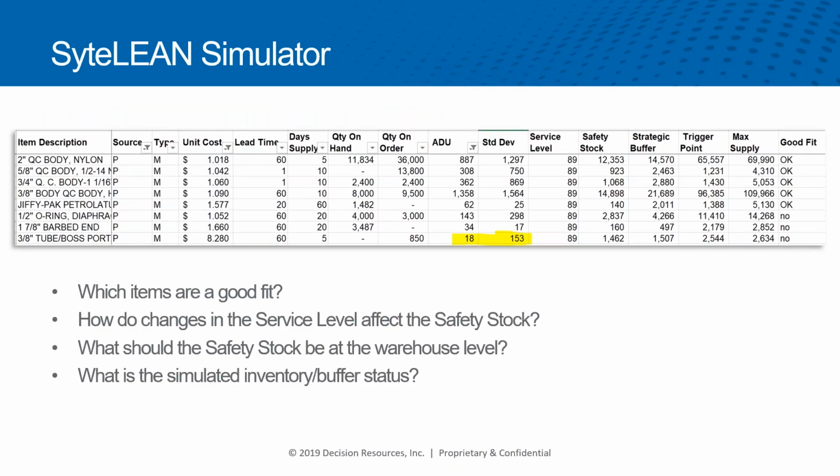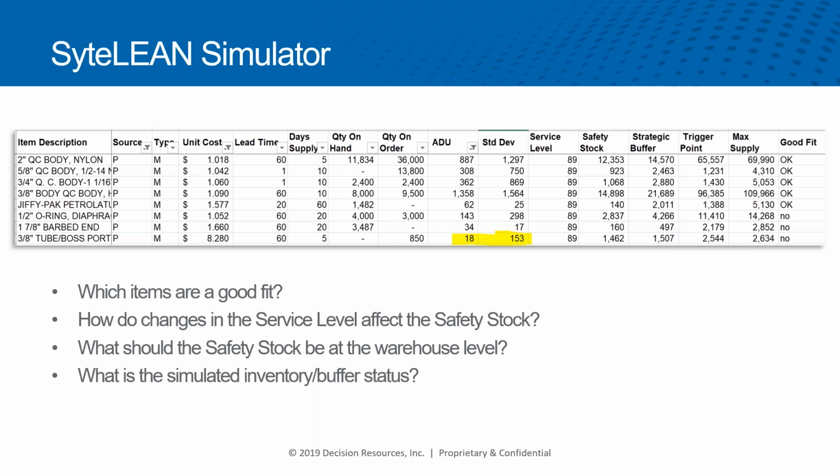I've exported the SyteLEAN data from the simulator data form to Excel to highlight some of the other fields, just to make it a little bit easier to see. In particular, I've highlighted a tool that we use when we're deciding which items would be good fits for SyteLEAN.